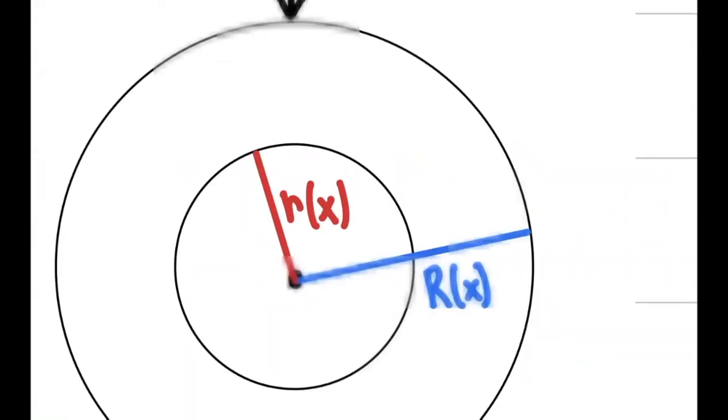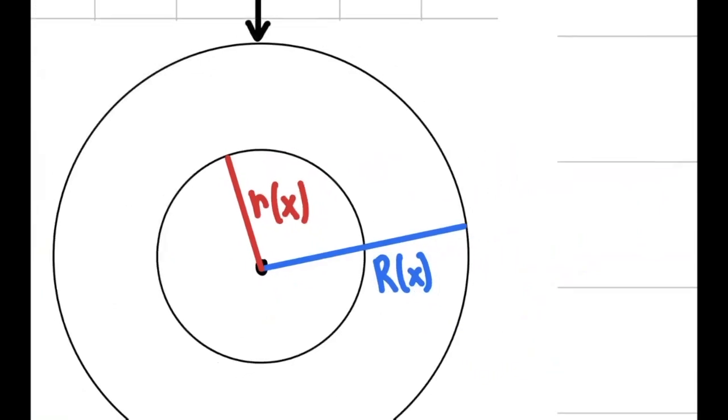And the inner radius is lowercase r of x. So capital R of x is the distance from the axis of revolution to the outer edge of the region. And the inner radius is the distance from the axis of revolution to the inner edge of the region.